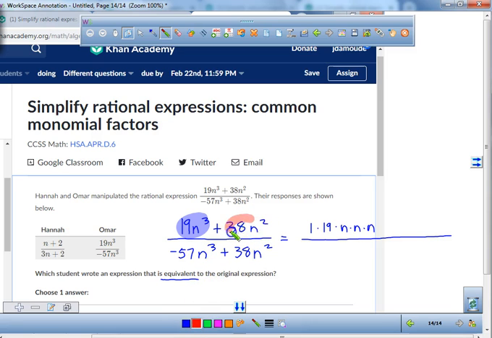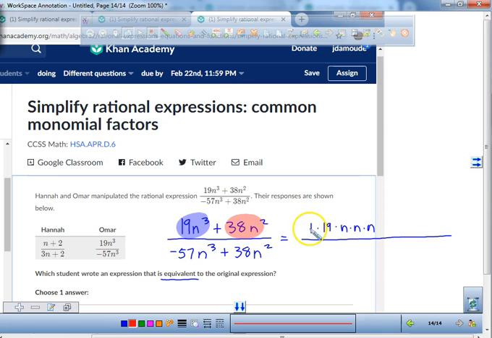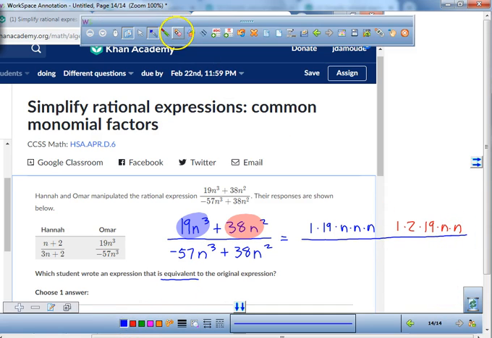Now I'm going to take this one right here and break it down. Actually, 1 is not a prime number, so I'm just going to break it down into its factors: 1 times 2 times 19 times n times n. Going down here, we have negative 57n cubed.